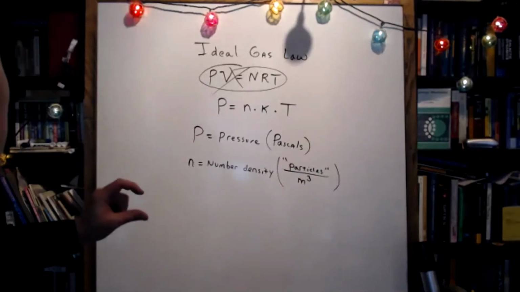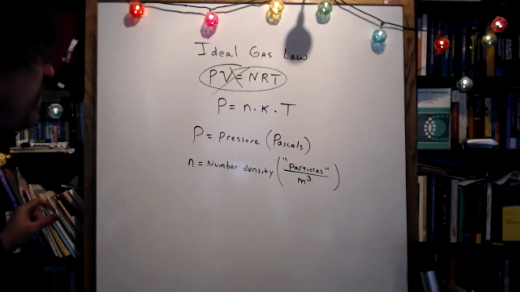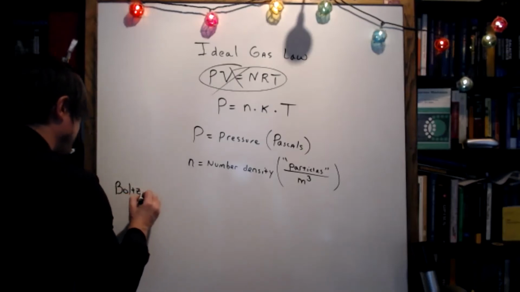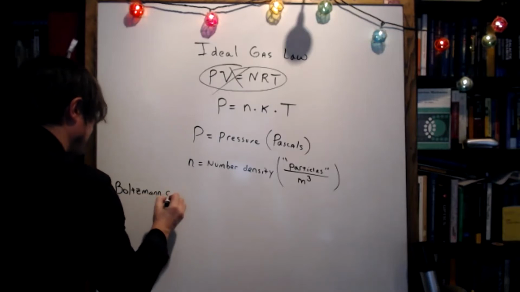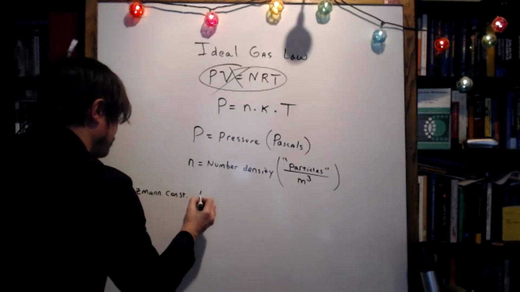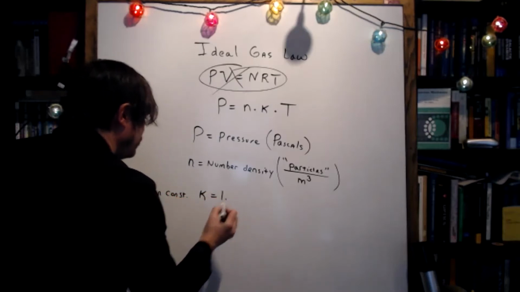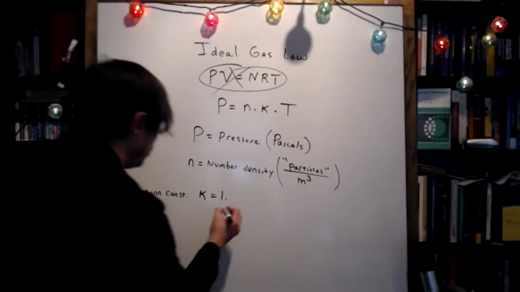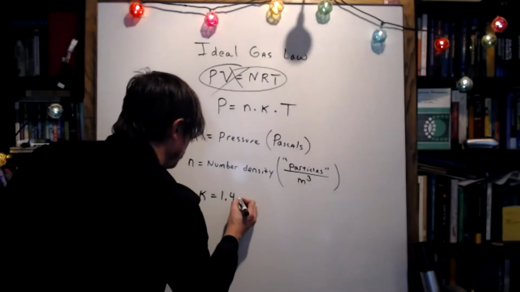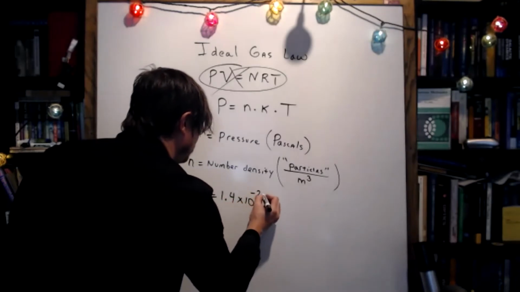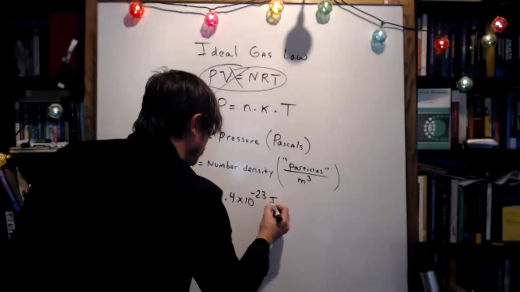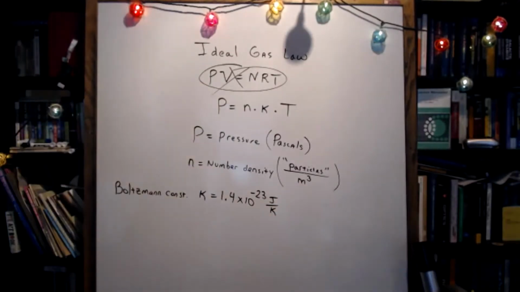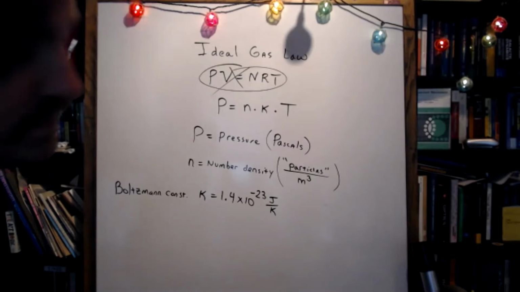K is a constant of nature known as the Boltzmann constant. And K basically shows up anytime you deal with gases in physics. 1.4 times 10 to the minus 23 joules per Kelvin is the so-called Boltzmann constant.